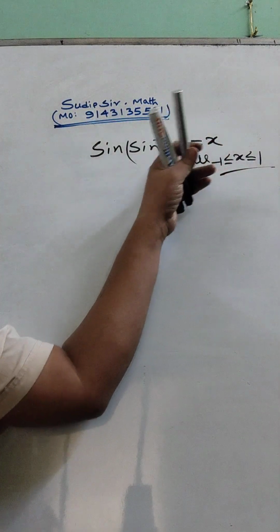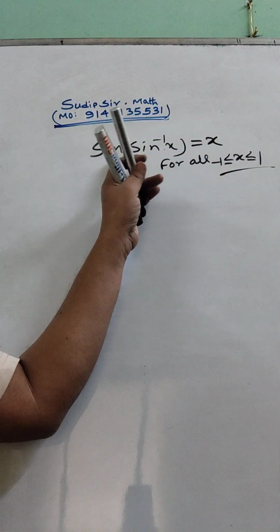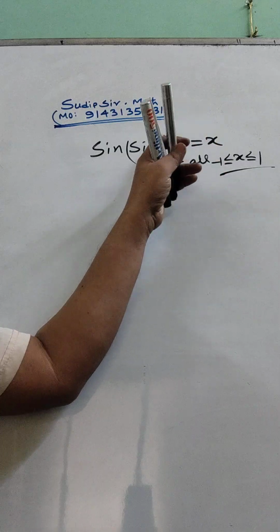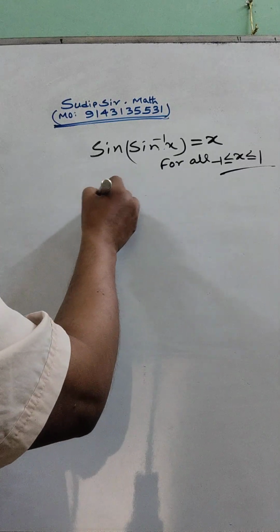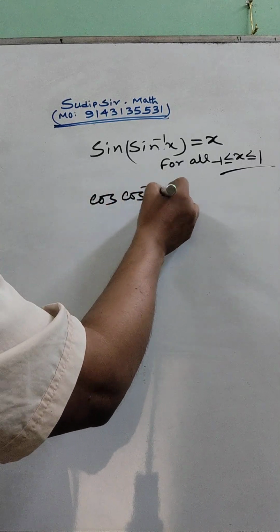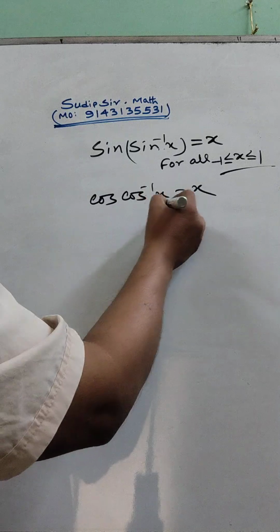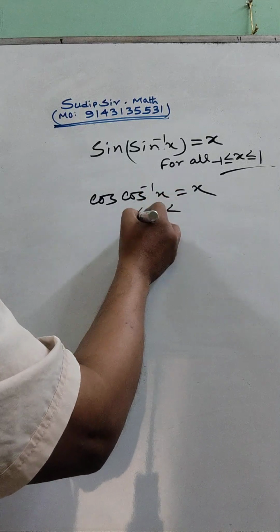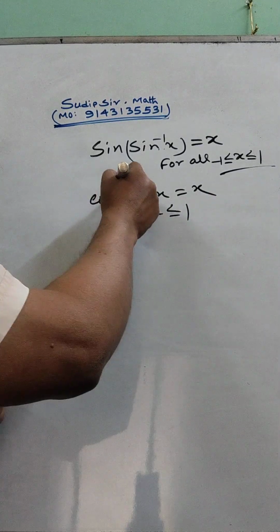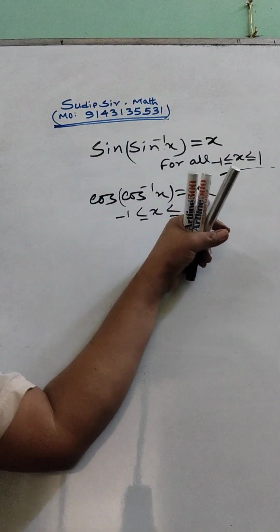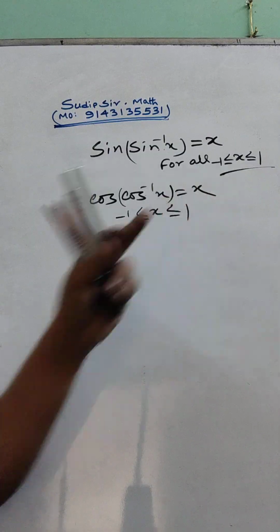If x lies between -1 and 1, then only we can write sine of sine inverse x equal to x. Similarly, cos of cos inverse x equal to x. But in that case also, you have to remember that x must lie between -1 and 1. Then only cos of cos inverse x equal to x is possible.